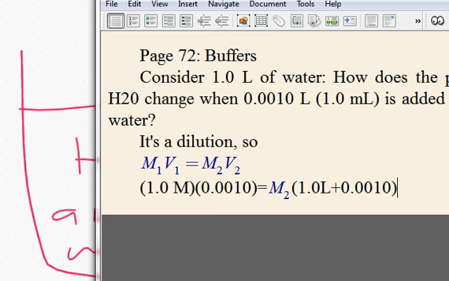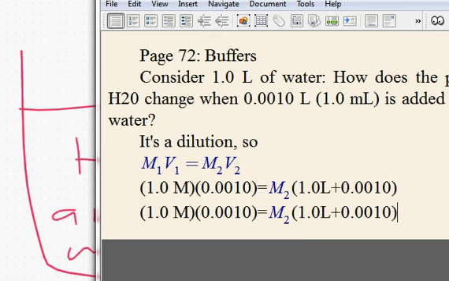And she might not have written that because this is an insignificant addition. It's 1.001, which is approximately 1.